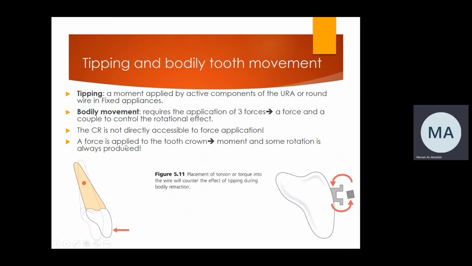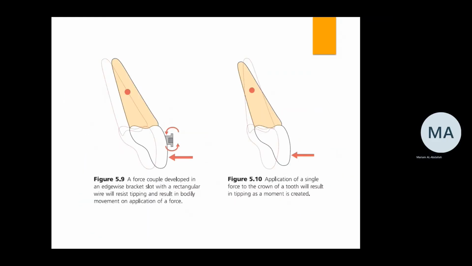So a force that is applied to the tooth, usually a moment, and some rotation is always produced. It's inevitable. So here, when we apply a single force away from the center of resistance, we will produce a moment and rotational effect, ending up with tipping.